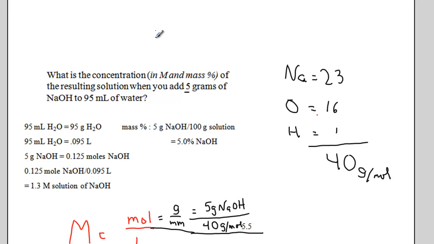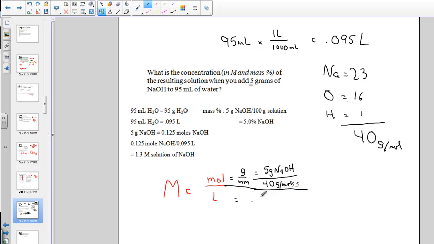Well, right now we have 95 milliliters. I cannot place 95 down here because it's the wrong unit, but it's a simple decimal slide. I want a liter, and I know that a milliliter is 1,000 compared to the liter. So if I divide 95 by 1,000, we'll have 0.95 liters, and that gets placed down here.